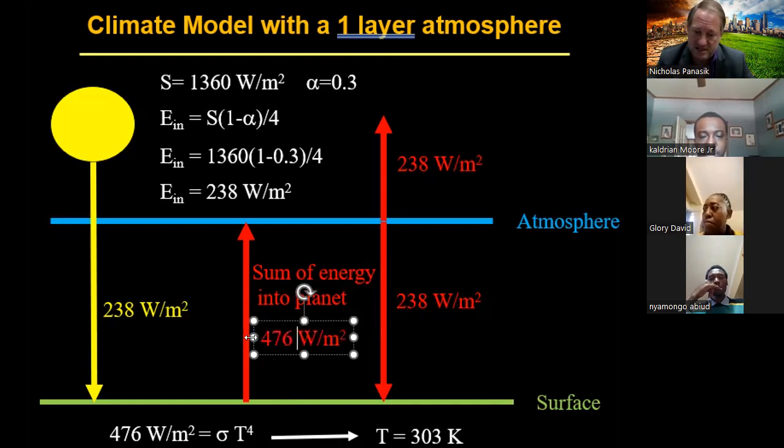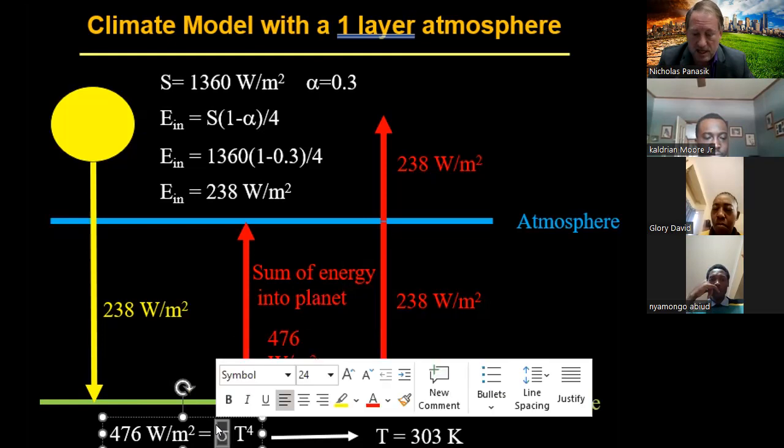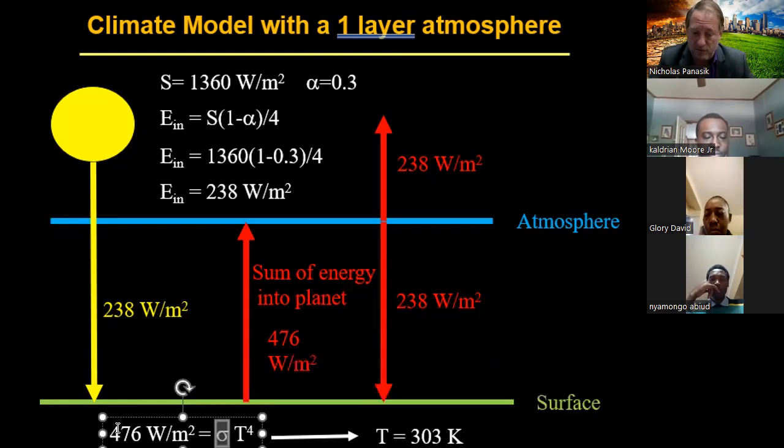So we just take this number, plug it into this equation. So we're going to divide it by the Stefan-Boltzmann constant. And remember, Stefan-Boltzmann is 5.67 times 10 to the negative eighth. So when you divide this number by something that's 10 to the negative 8, it's going to give you a really big number, but you're going to take the fourth root of that, right?